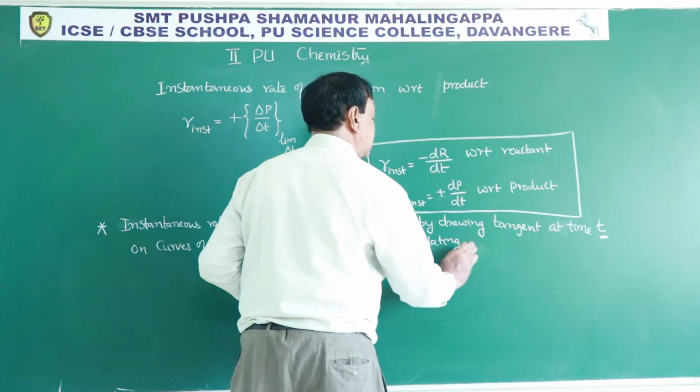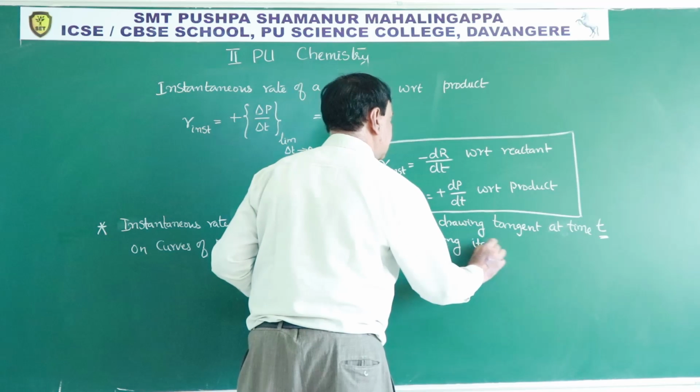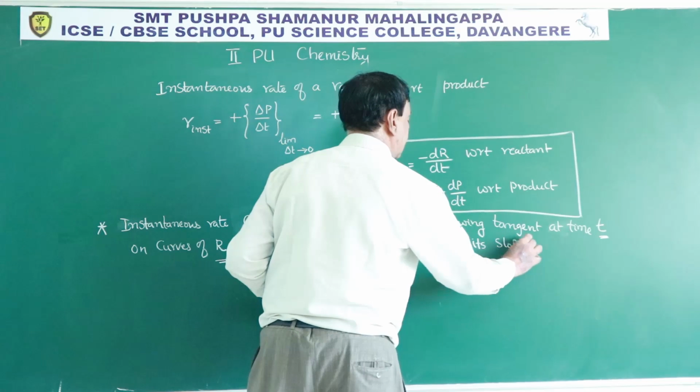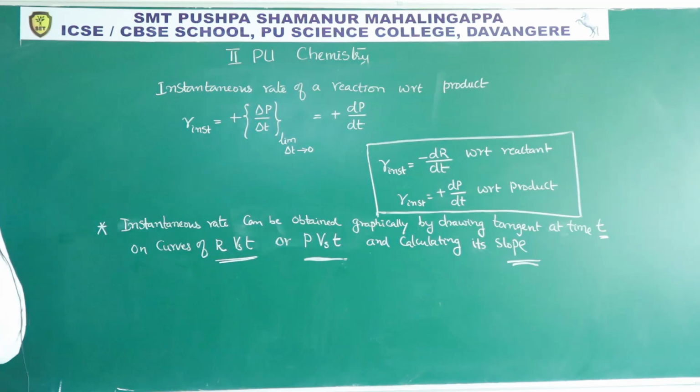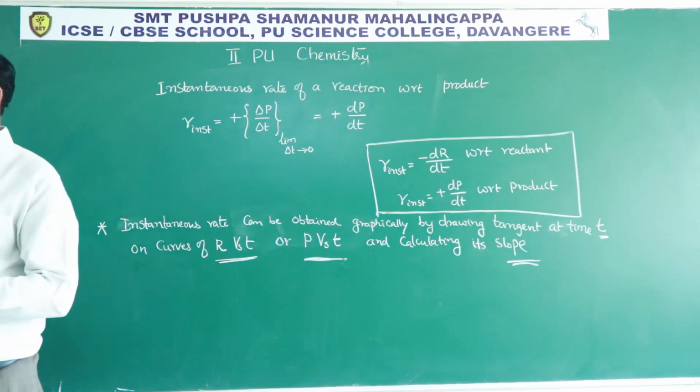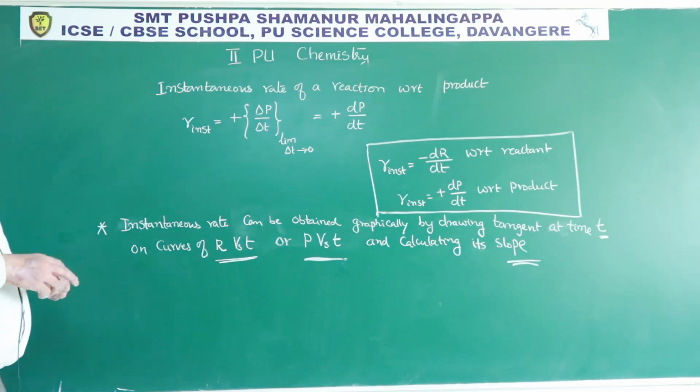Slope means tan theta. Okay, this is about the instantaneous rate and average rate of a chemical reaction.